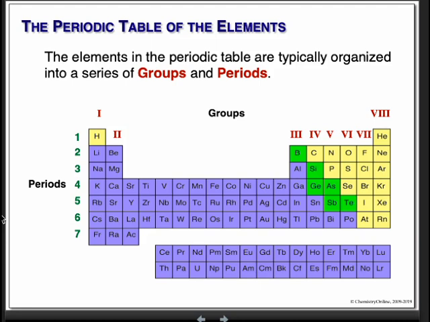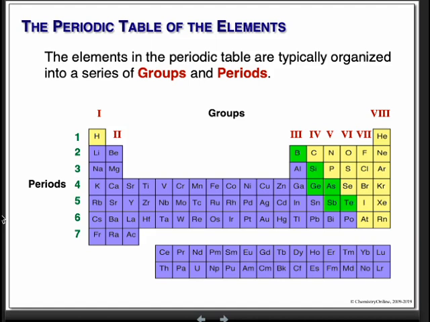Now I know we're leaving 10 out in the middle here, but we do that for a very good reason. I think that just focusing on these, 1 through 8, makes a big difference as far as understanding things like bonding and whatever.